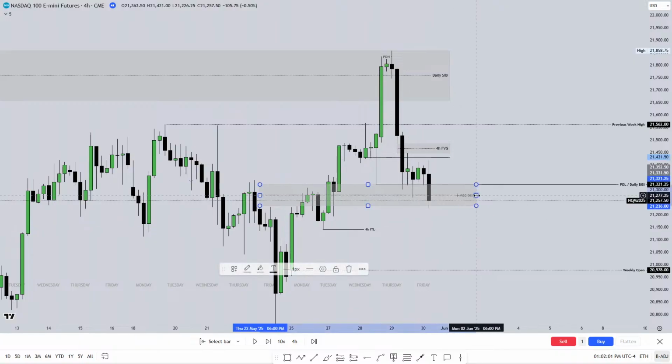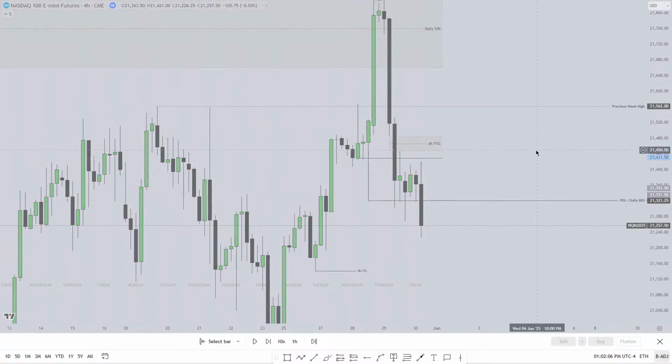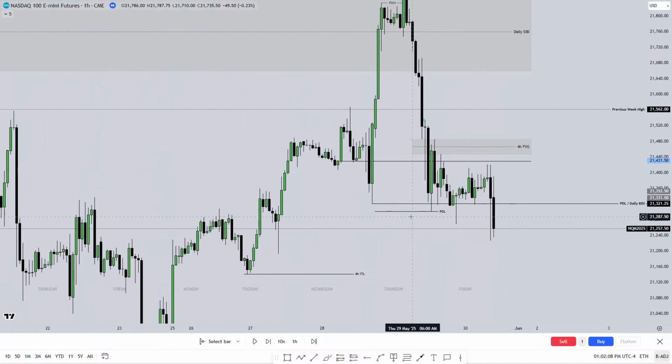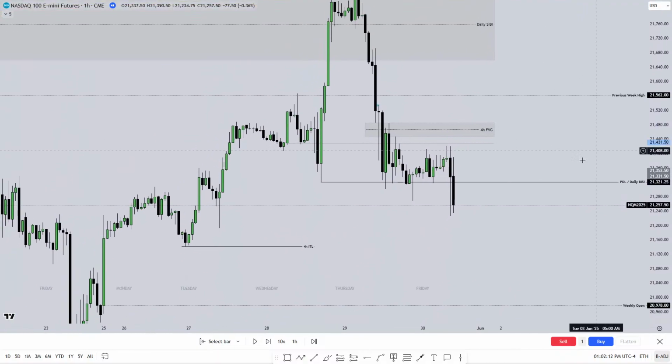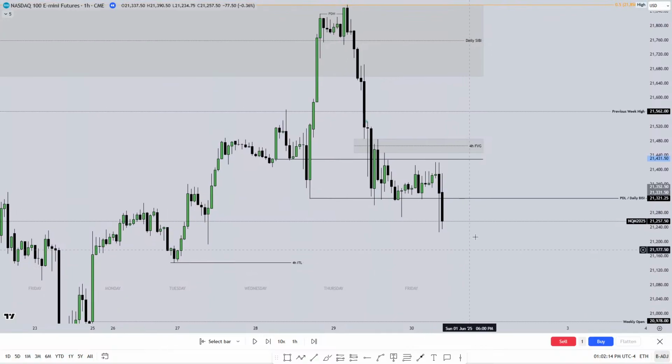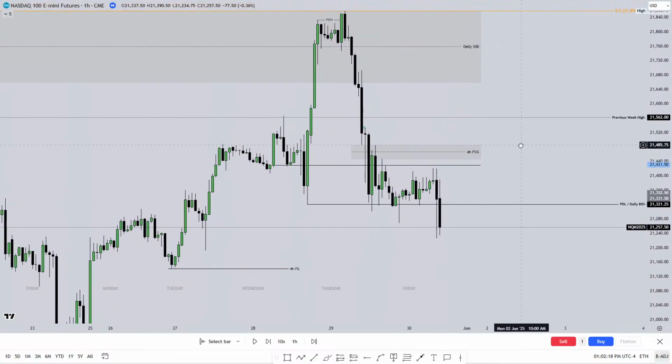So already contradicting. So this 4 hour and this 4 hour intermediate term low is really what I'm looking at right here.